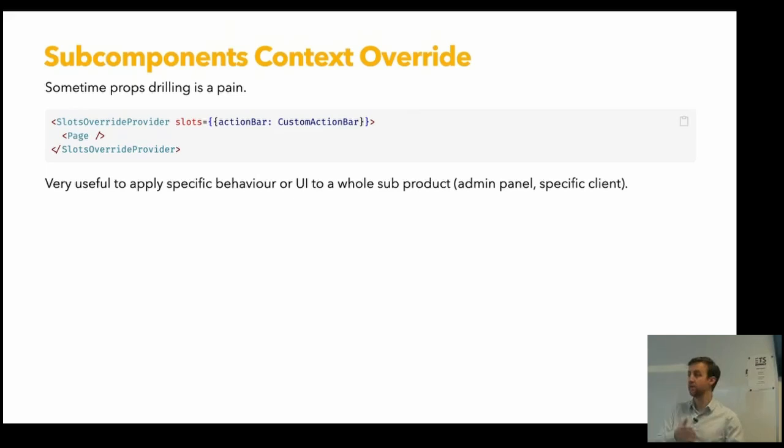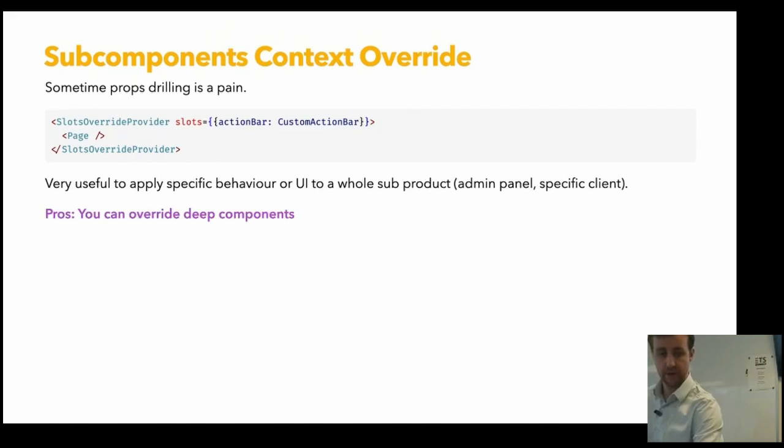For the cruise company, you want a boat. But the components below, really like 10 levels below, are the same. On the top, we know that we override the icon. So it's really good for specific behavior when you want to apply it to a whole product or a whole page.